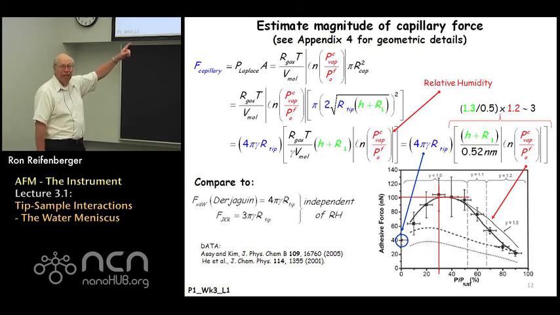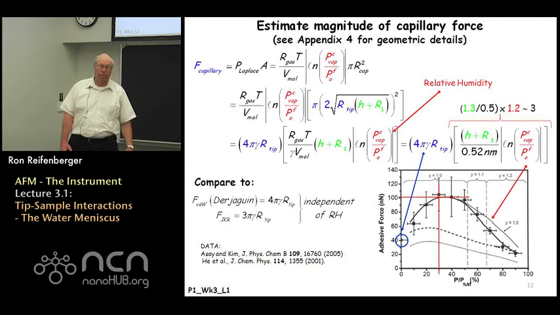So if you look at the data, it's interesting. The liftoff or the adhesive force that the tip experiences actually drops as the relative humidity increases, and that drop-off can be attributed to just the way the natural logarithm of the ratio of the vapor pressures above a curved surface and a flat surface gives you the drop-off that you see experimentally.